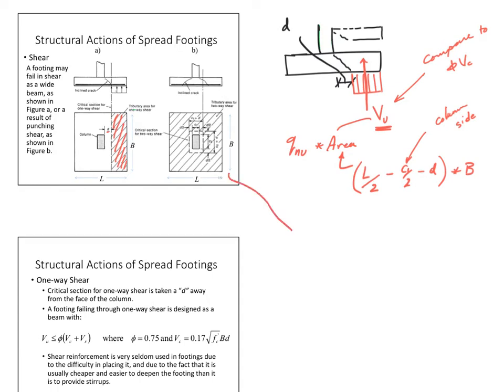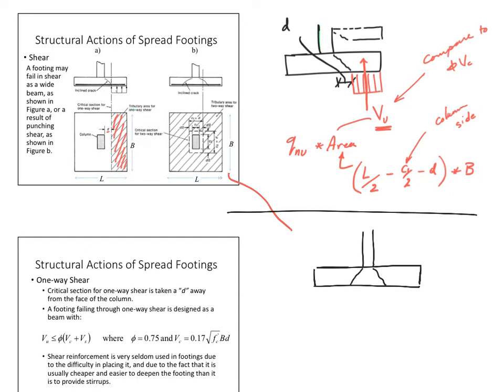What is this here? This is the two-way shear. How does the two-way shear happen? The two-way shear simply happens through full punching of the footing. So it goes like this, and that guy goes up like this. Right? And then the other one on the other side goes as well.